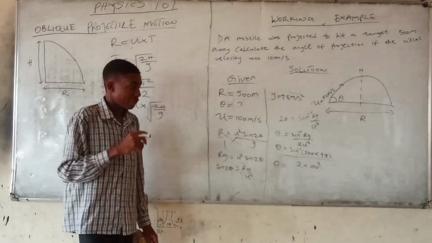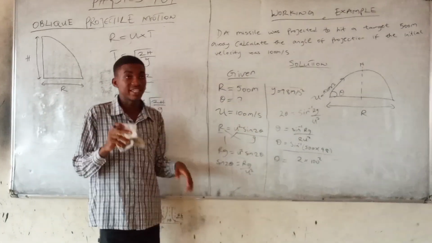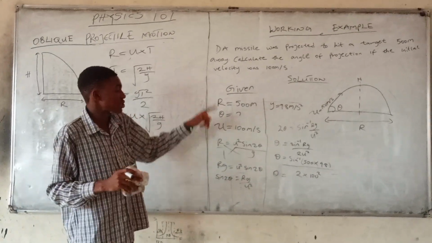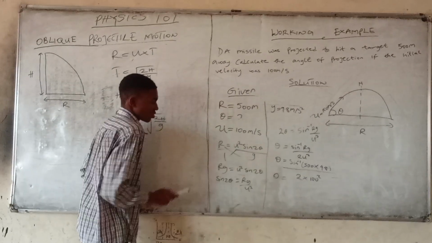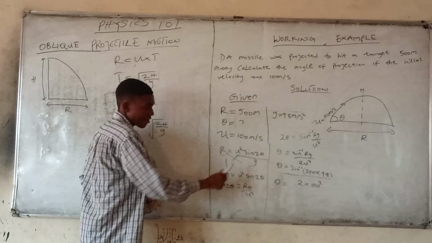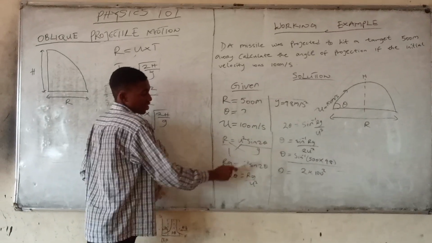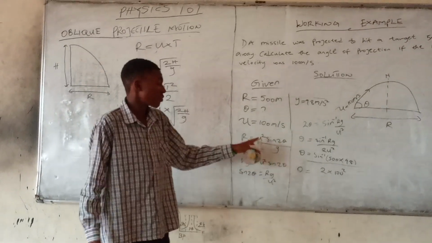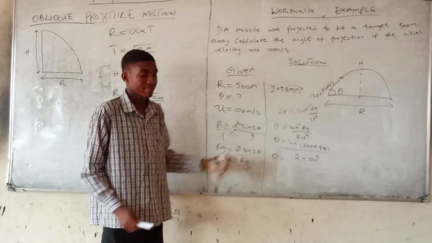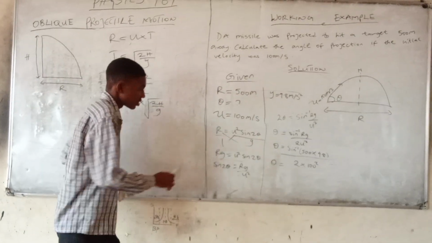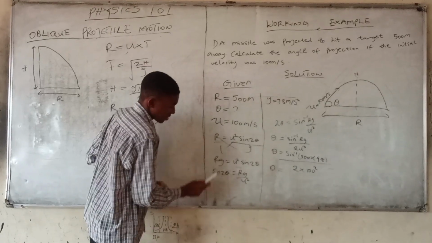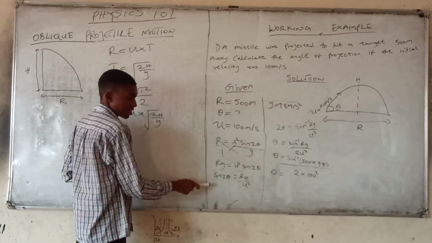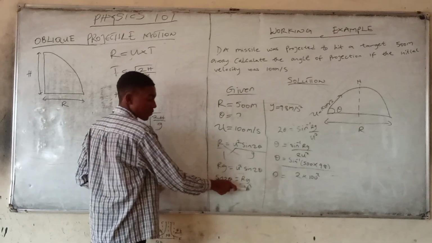Now remember, the formula for range in parabolic projectile motion is R equals u squared sine 2 theta over g. We have R, we have u, we have g, and we're looking for theta. So we made theta the subject of the formula. We took g to this side first: R g equals u squared sine 2 theta. After that, we took u squared to this side: sine 2 theta equals R g over u squared.